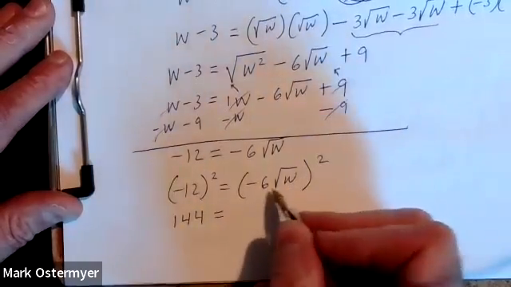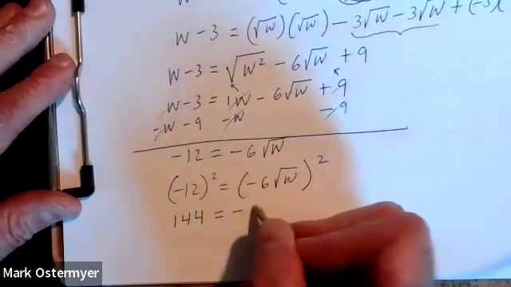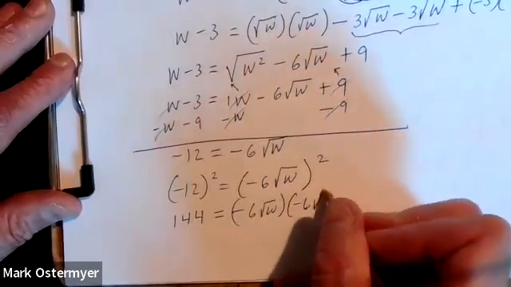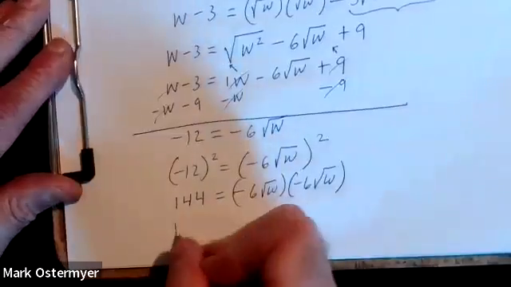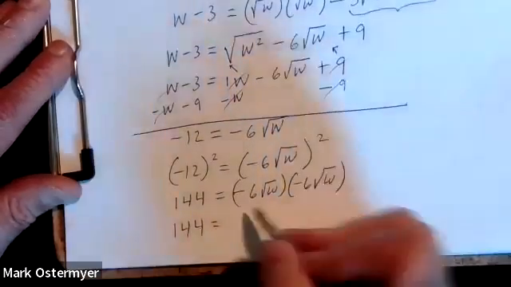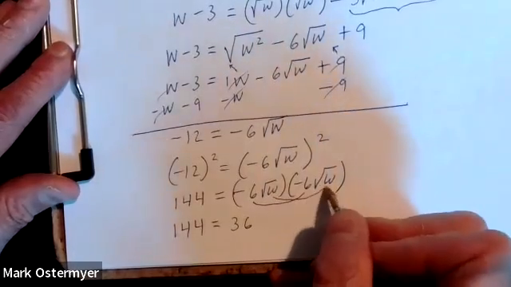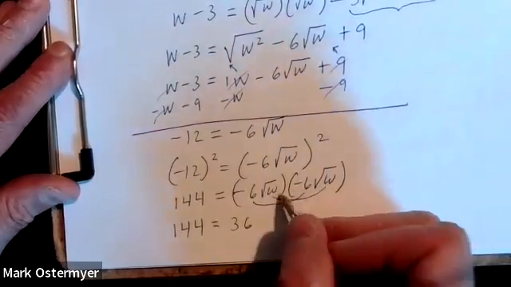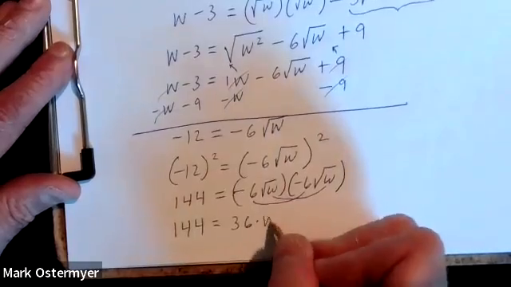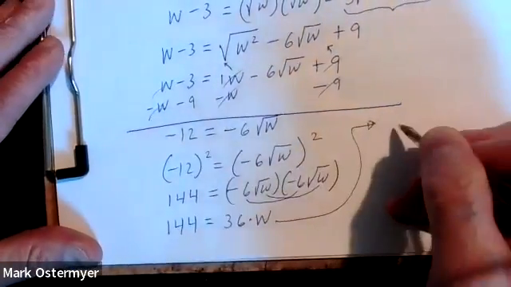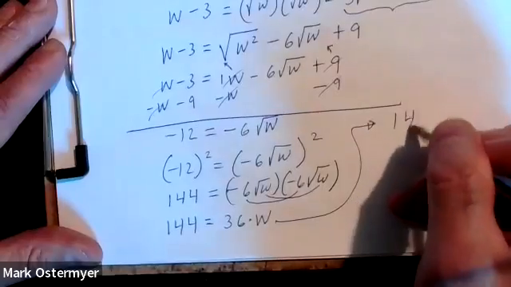And the right side is going to be negative 6 squared times the square root of w squared. So we have 144 is equal to negative 6 times negative 6, which is 36. And the square root of w times the square root of w is w. Finally, solving for w here, I divide both sides of my equation by 36.